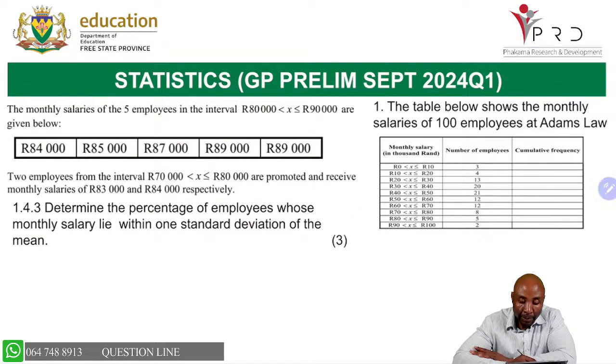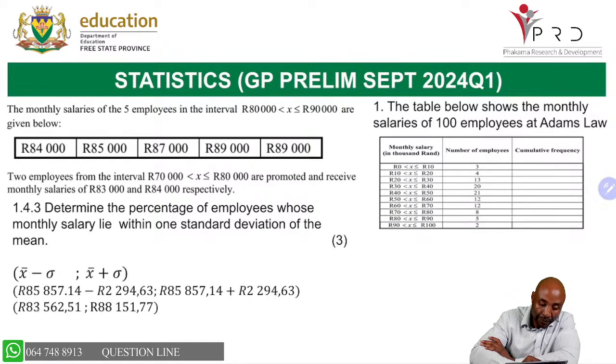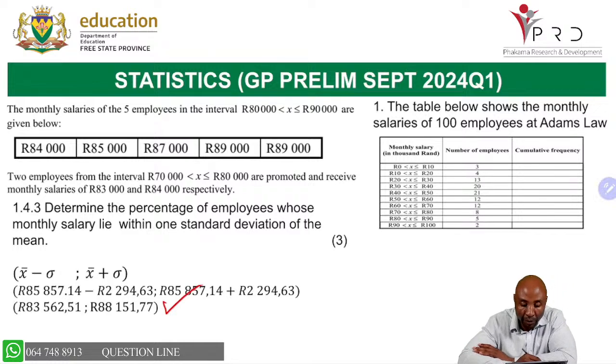We have to determine the percentage of employees whose monthly salary lies within 1 standard deviation of the mean. Now, remember, for us to get that, we must get our mean minus 1 standard deviation, and mean plus 1 standard deviation. We get our interval as that. We get a mark for it.